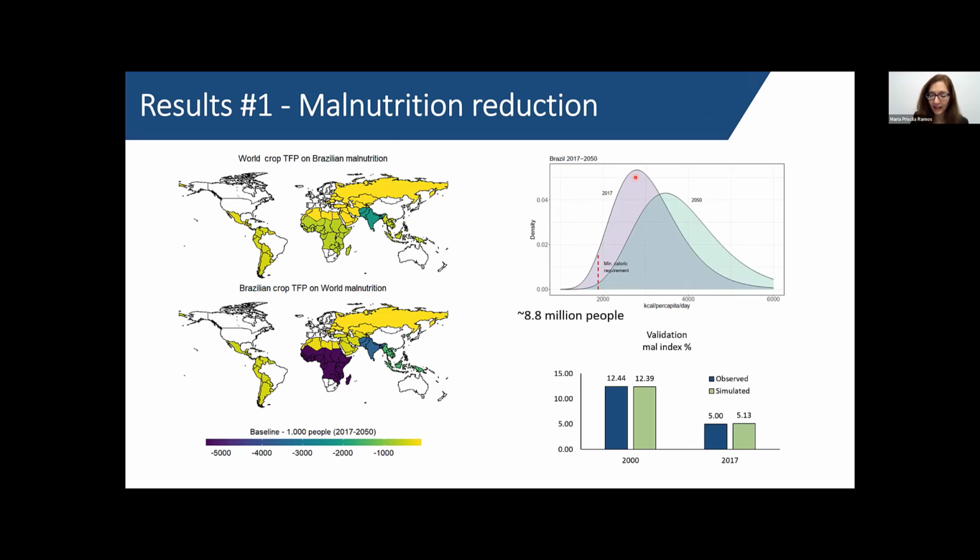It's very interesting. In line with Maksym, I am interested to know if there is any possibility to introduce other indicators of malnutrition, because here we are talking about kilocalories, and that's about energy consumed by people, but not really what kind of nutrients people intake.